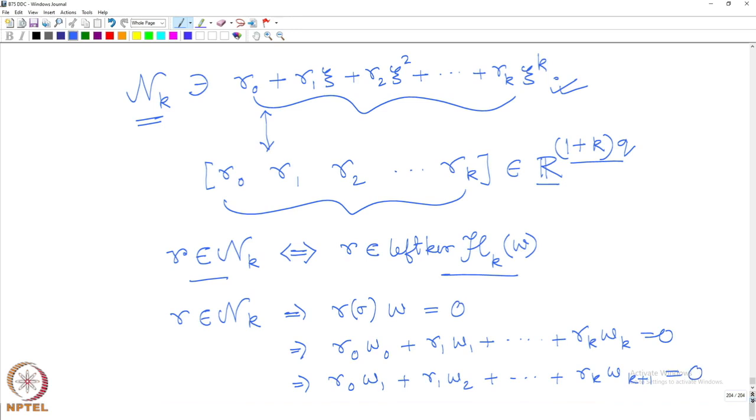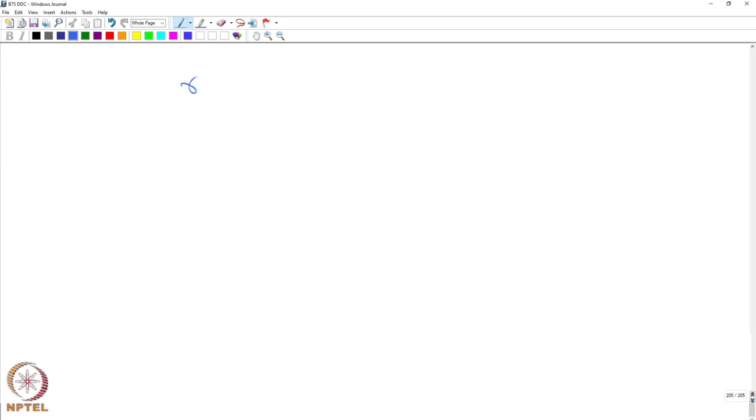In fact, it will continue like this forever. R0 times W2 plus R1 times W3 plus dot dot dot up to Rk times W(k+2) will also be equal to 0.